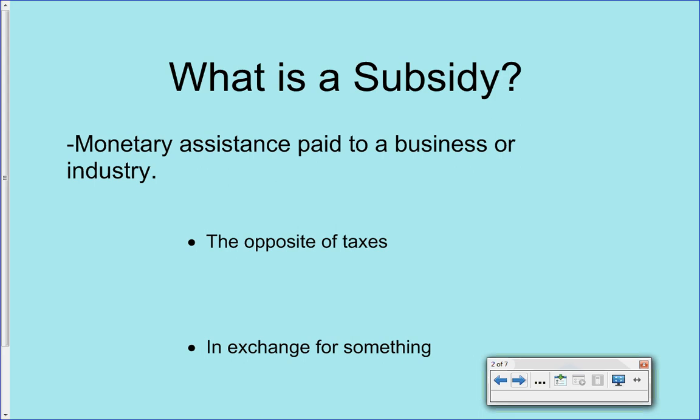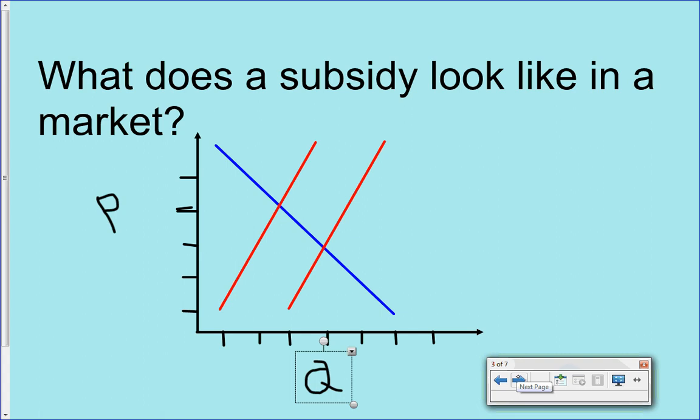Sometimes it is given to increase production, so if a business will increase production, they get the subsidy. Sometimes the subsidy is given if a company or industry decreases production. They all have different causes and effects, so let's talk a little bit about that.